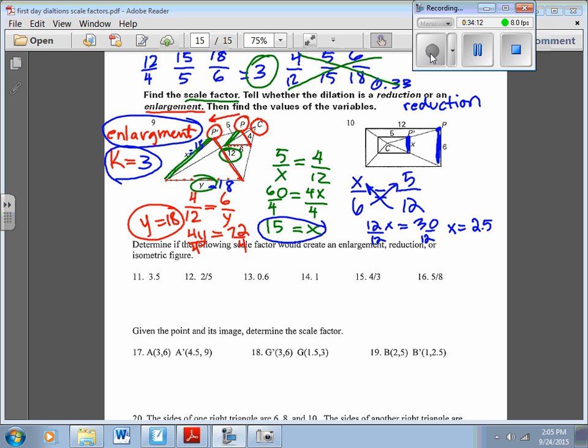Now, if you're not sure about the scale factor, you got to keep in mind it's a reduction, right? If it's a reduction, the number is between 0 and 1. It's a decimal or a fraction, right? So that means you've got to put the small numbers on the top. The large numbers got to go on the bottom. If I write 5, I put it over what?